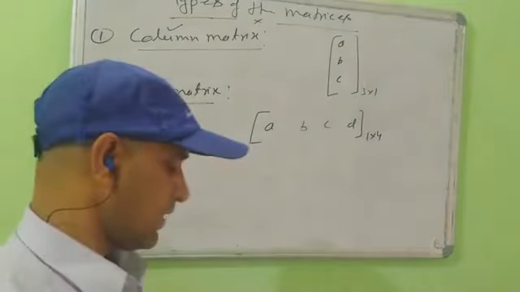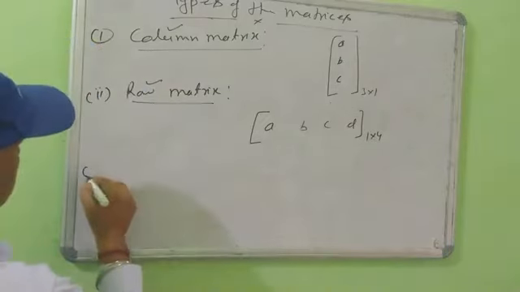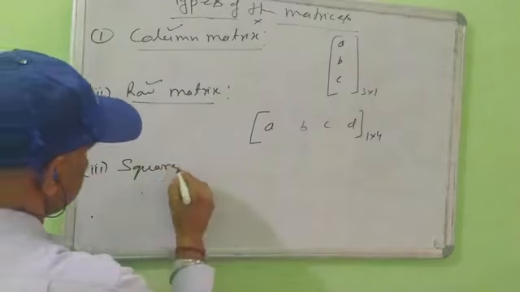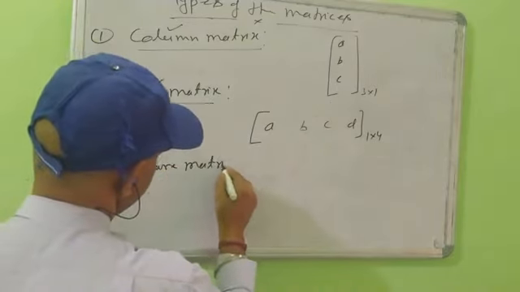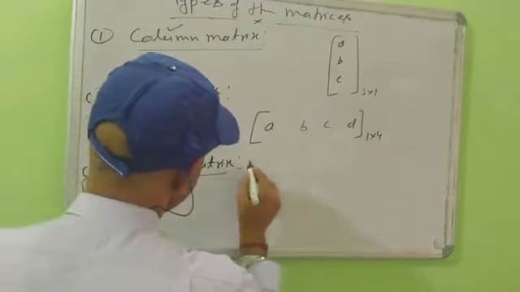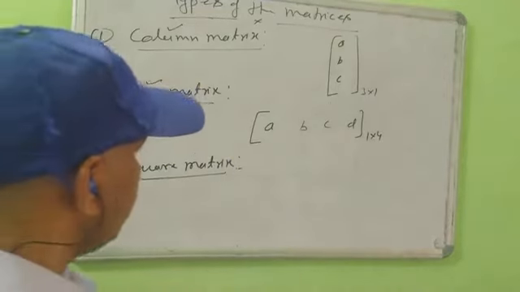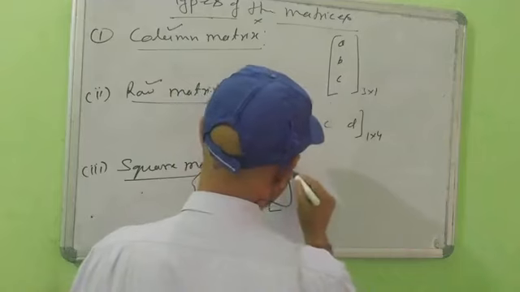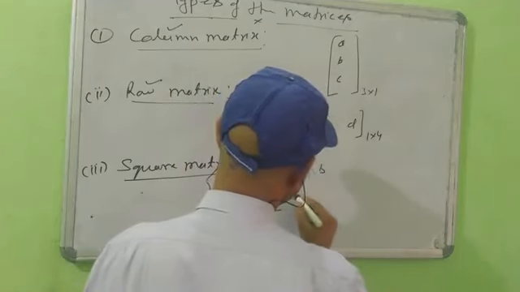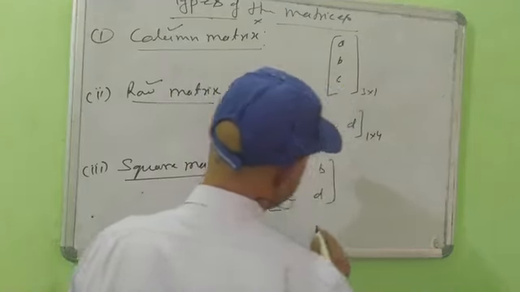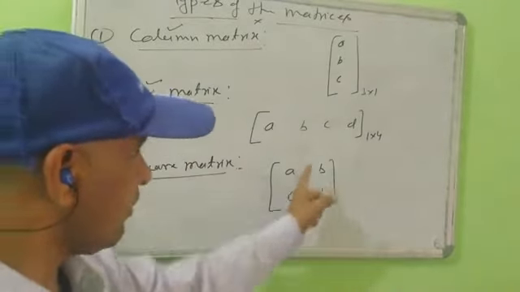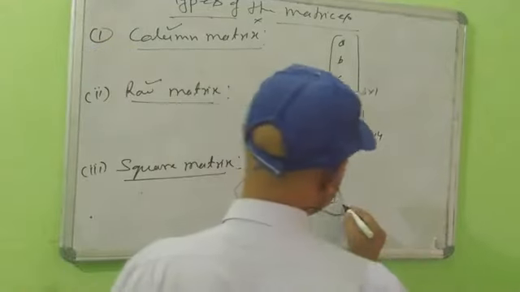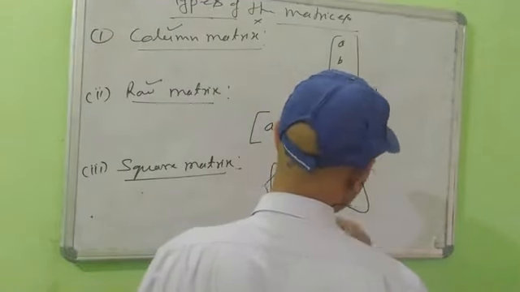Next, the square matrix. Third point here: what is the square matrix? A matrix in which the number of rows and the number of columns are the same is called a square matrix. For example, 2 into 2 is a 2 into 2 order.